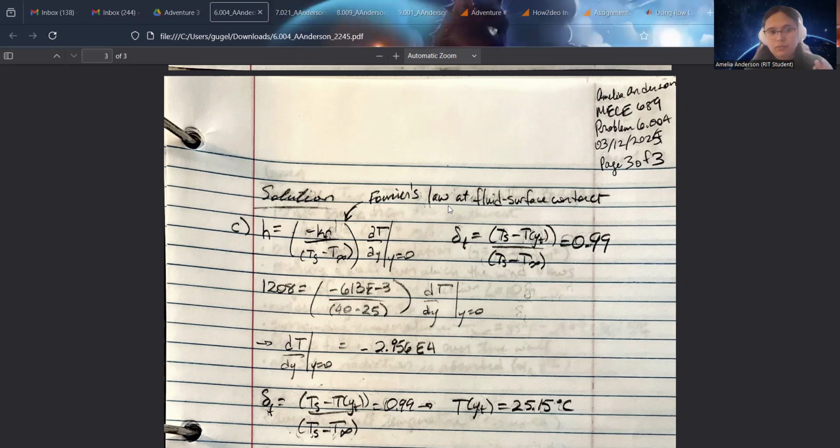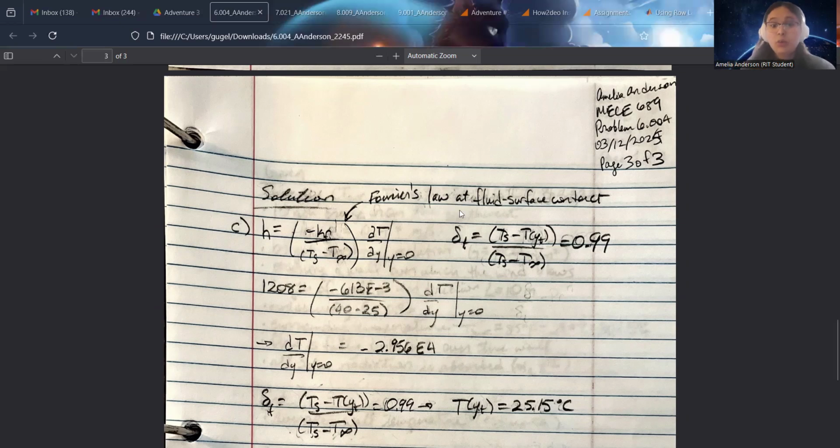And so you end up actually being able to apply Fourier's law. And if you do that, you get this value for H.